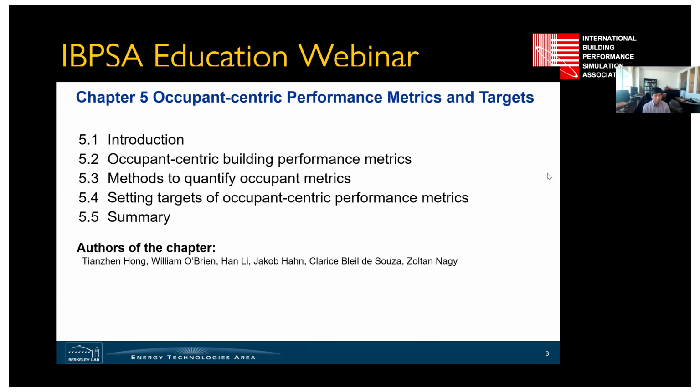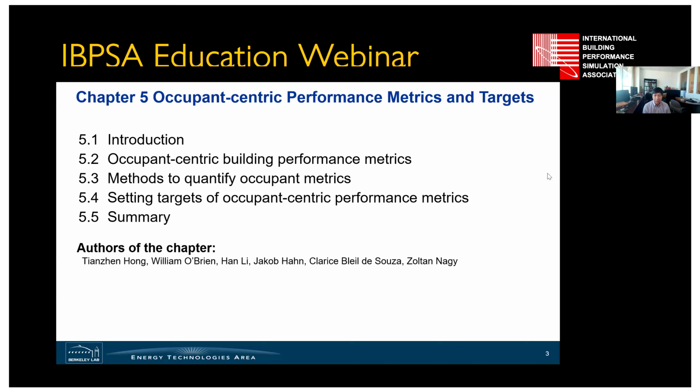So chapter 5 has 5 sections. There's an introduction, but then we dive into performance metrics, asking why we need occupant-centric performance metrics, what those metrics are, and what different aspects of building performance they represent.